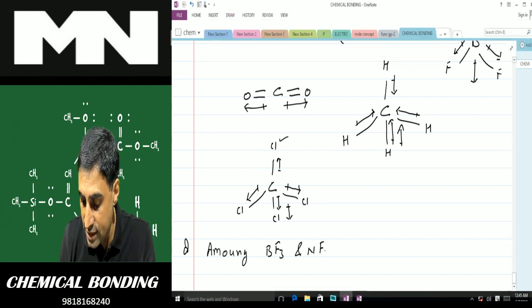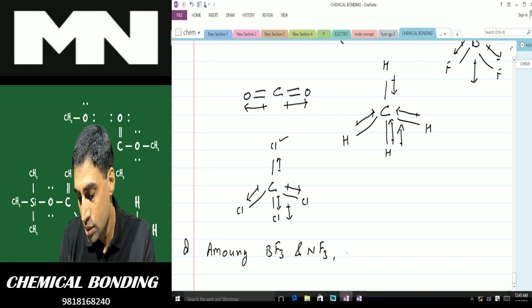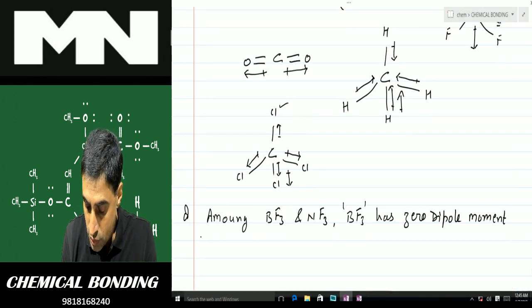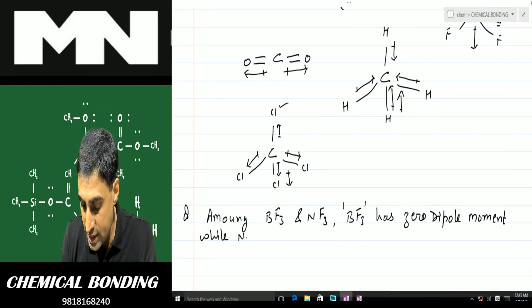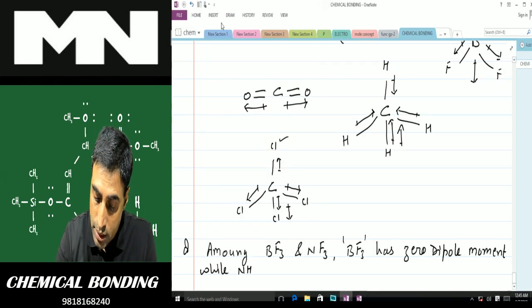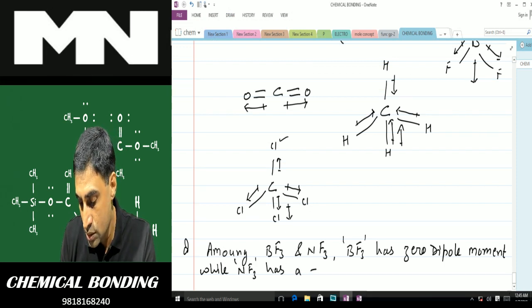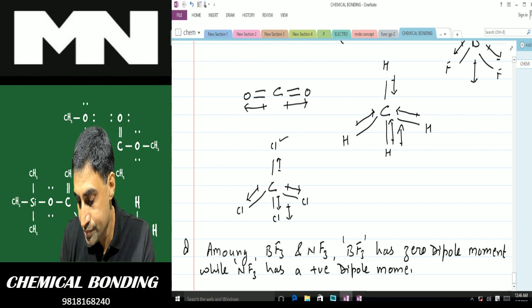Among BF3 and NF3, BF3 has zero dipole moment, while NF3 has a positive dipole moment. Why?